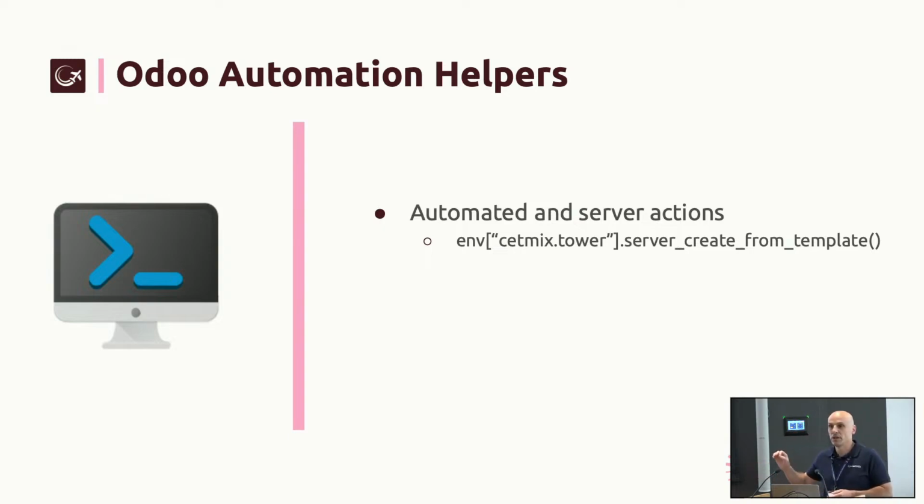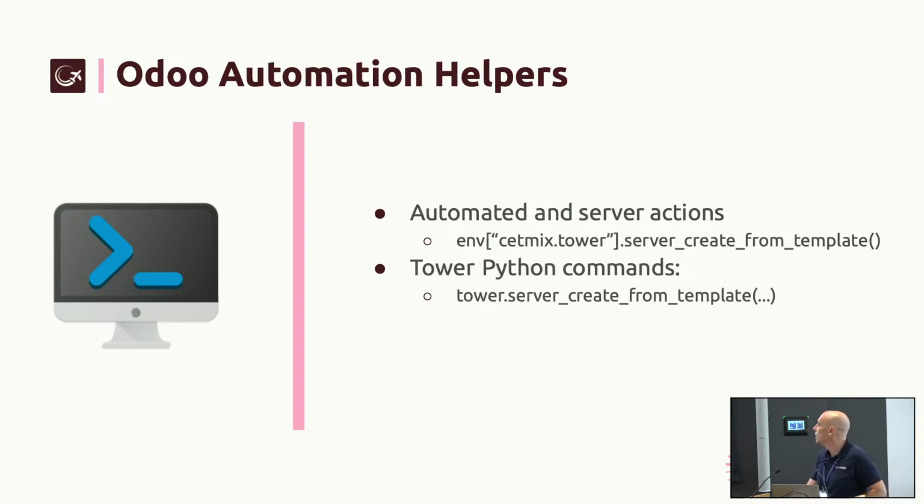So basically you can run a server action or automated action which will create a server from template, and you can put all the server properties inside that command, like Odoo version and all that stuff. And in Python commands, in the Tower command, it will look like this. Why? Because this is exported in the Python commands.